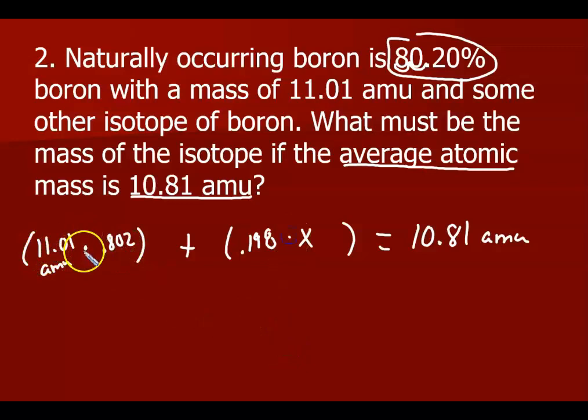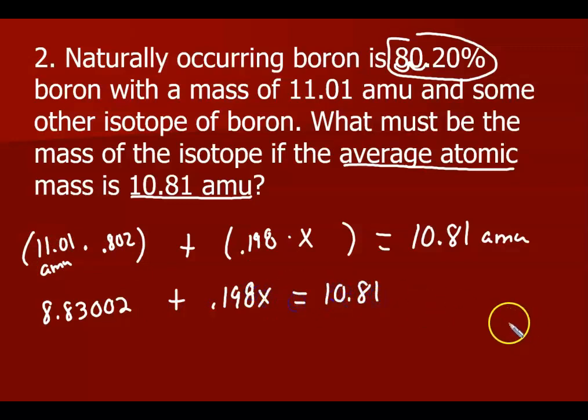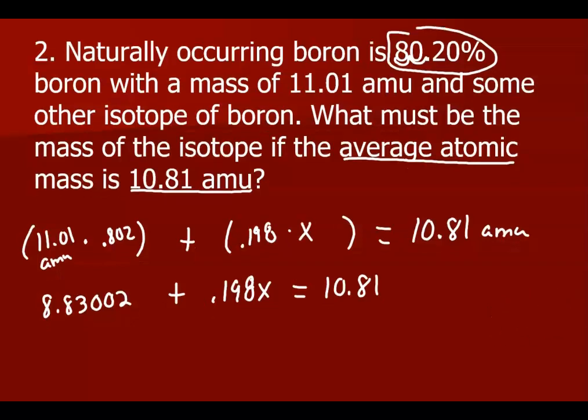As I start doing my algebra, I am going to make my units go away just so I can deal with just the numbers. So if I just multiply those and do not round, you get 8.83002. That's just simplifying. And then I've got 0.198x equals 10.81. So all I did was simplify.